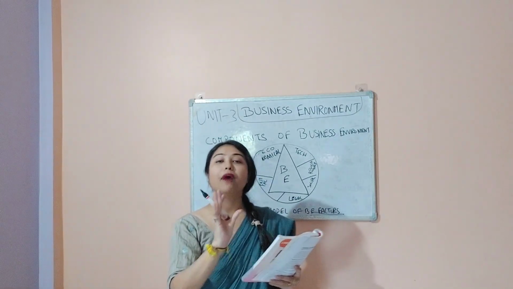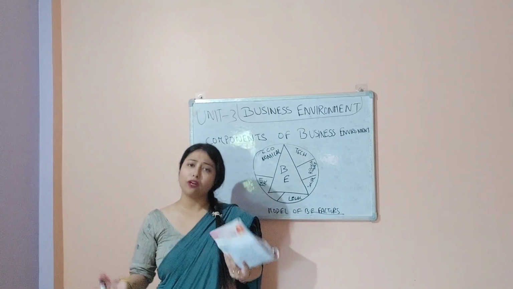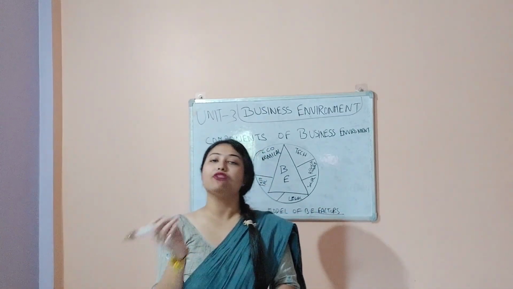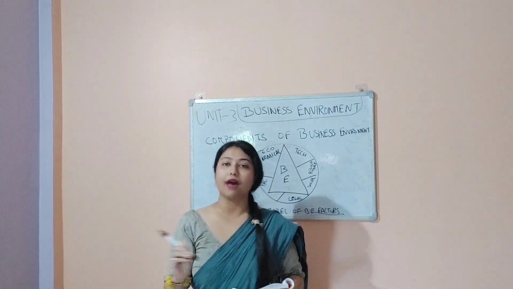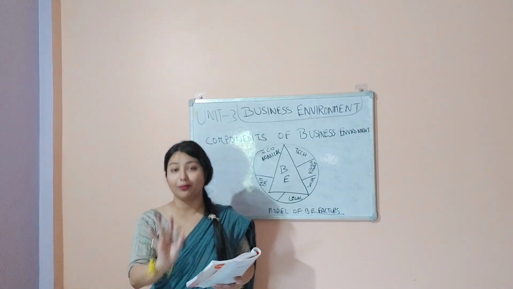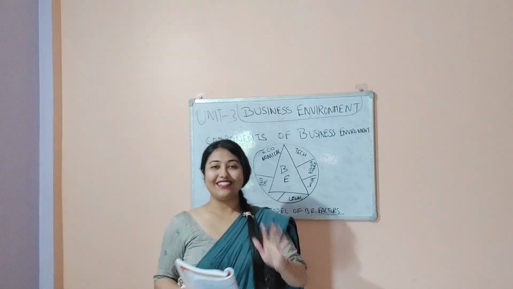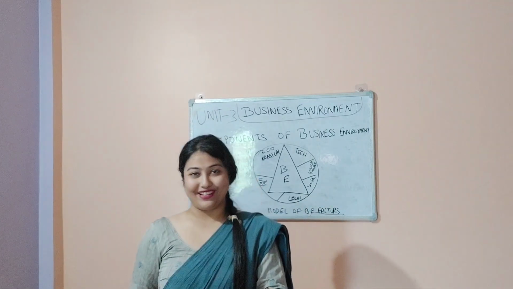That will also give marks, because it means you already know the meaning. If you write the meaning in short and then an example, this is the best shortcut to gain marks. Now let's understand the components.